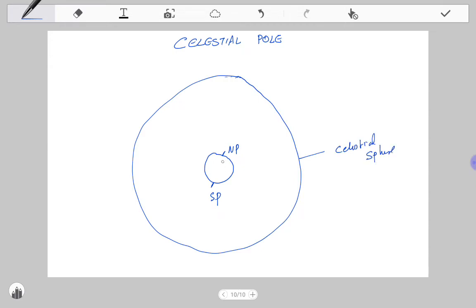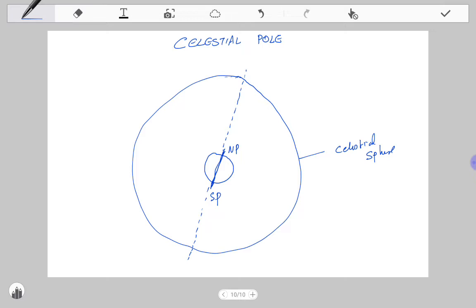Okay, so Earth has a north pole and a south pole, and this is the axis. If we project this axis towards outer space, it will touch the celestial sphere, correct?